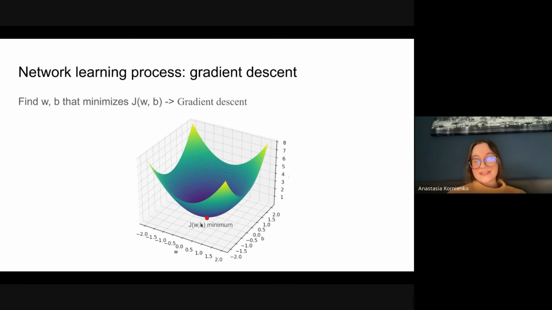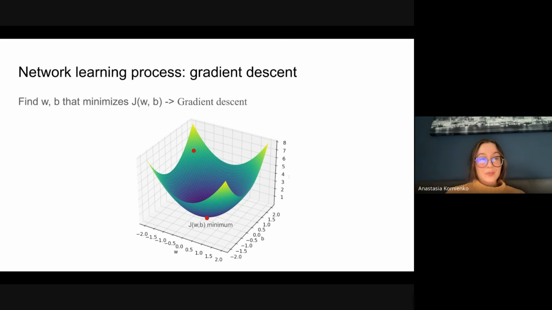It's intuitive. For example, we have some W and B defined, like 1.5 and minus 1.5, and the current value of the cost function is here. But the goal is to make it be here, at the minimum of the error.